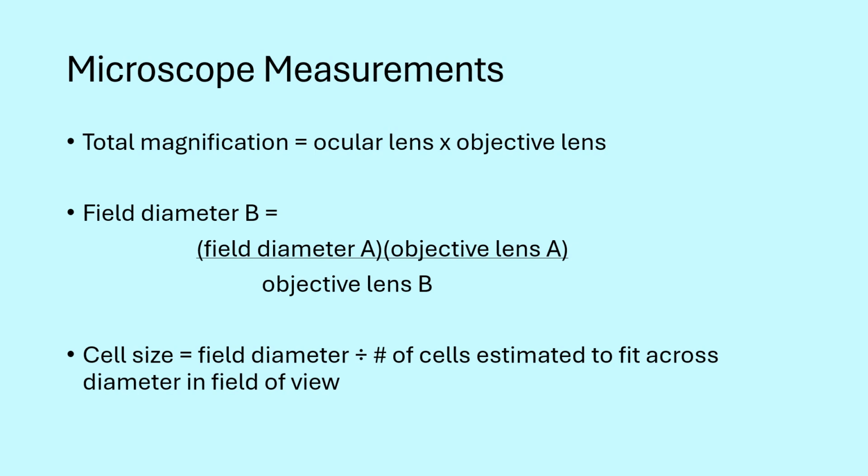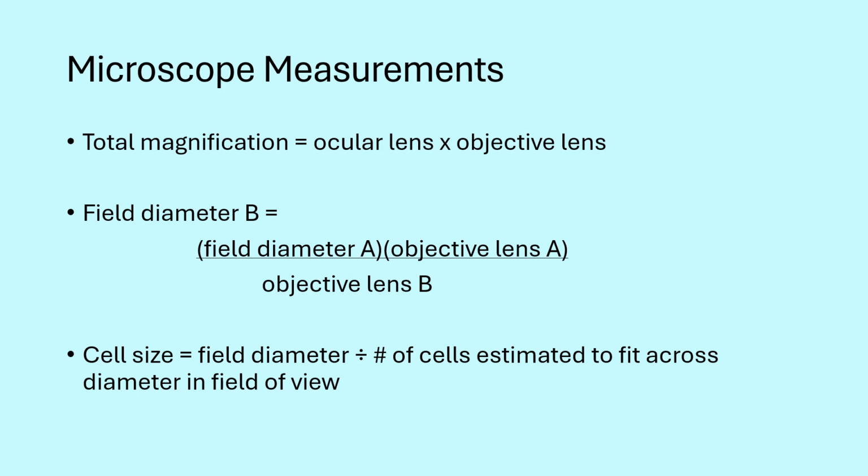Now, usually what you have to do is on one of the objective lenses, typically the shortest one, which on most microscopes is going to be the 4x objective lens, you actually take a ruler and you measure the distance across the diameter. So you're looking through the microscope and you actually measure what that distance is. So you get that measurement for A, and you know the objective lens.